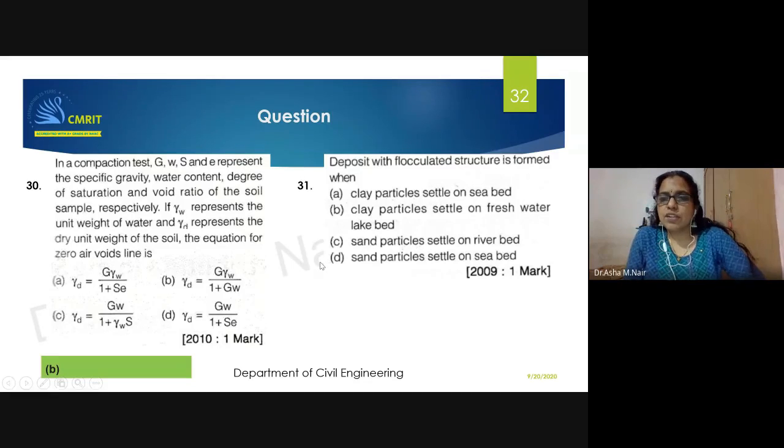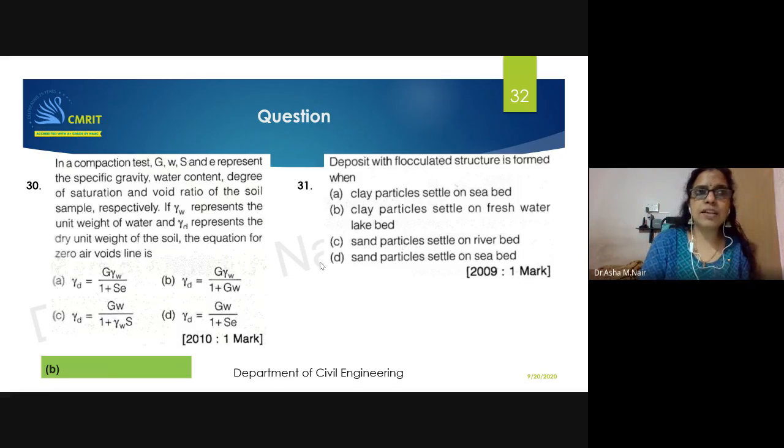Now, a deposit with a flocculated structure is formed when? The clay particles settle on seabed, clay particles settle on freshwater lake bed, sand particles settle on river bed, sand particles settle on seabed. Please note that you have to keep in mind that clay will always have a charge.